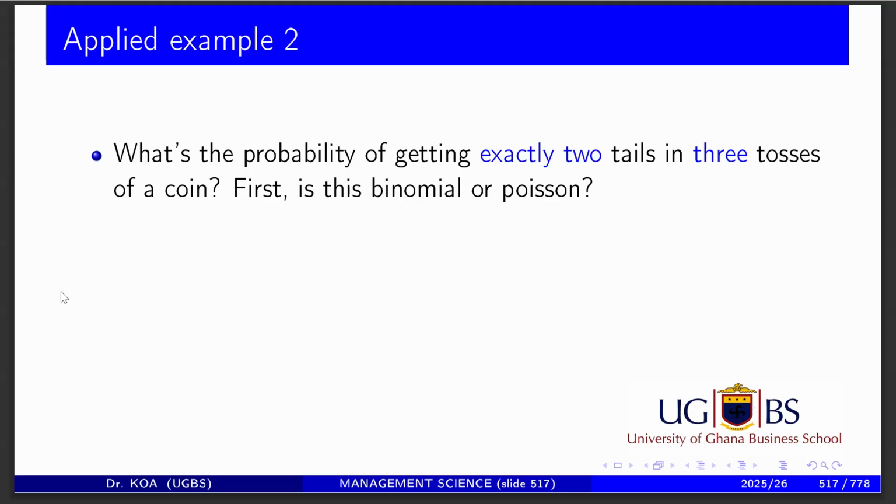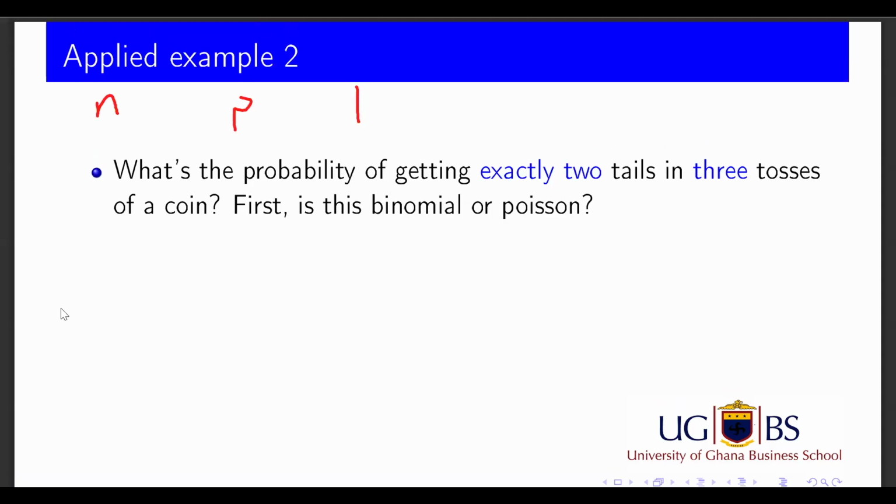Getting a tail is a success, and getting a head is a failure. Good. So now that we know it's binomial, what is n? What is p? What is 1 minus p? And then x. What is n? Doc, n is 3. What is p? p is 2. No.